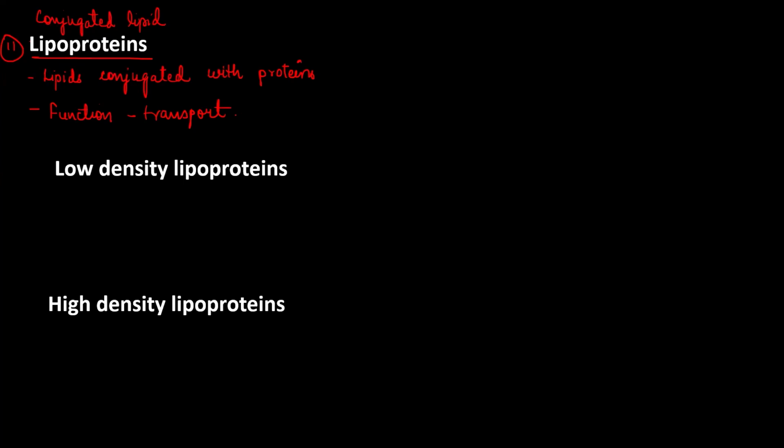Now, these lipoproteins are of two types. The first one is the low density lipoprotein, and the second one is the high density lipoprotein. Both of these lipoproteins transport cholesterol, but where they transport this cholesterol makes a difference.